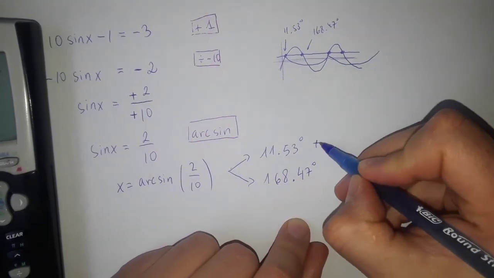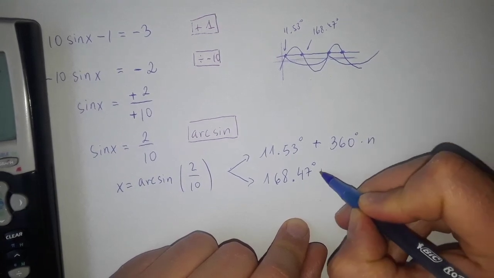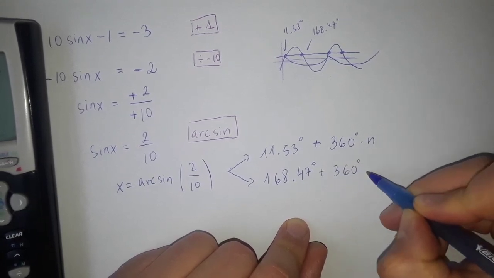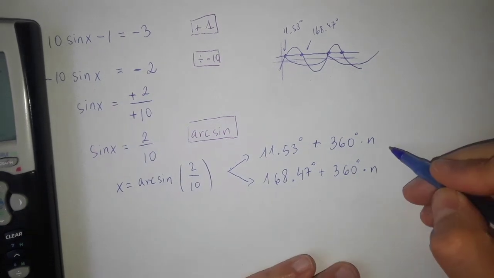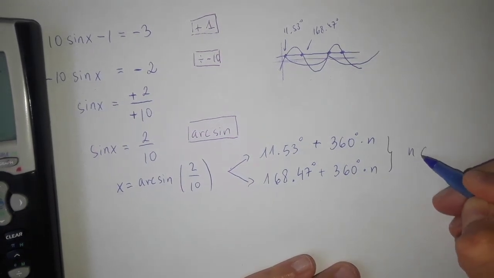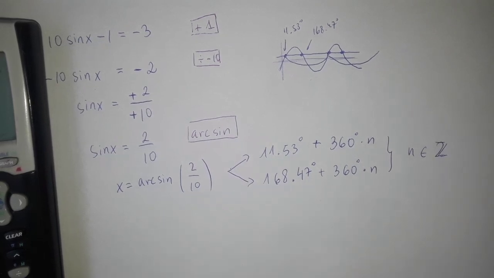So we still have to add all solutions by adding 360 times n, where n belongs to the integers. Again, n can be -5, can be 1200, or it can be 0, right? Any whole number, negative or positive, and 0.